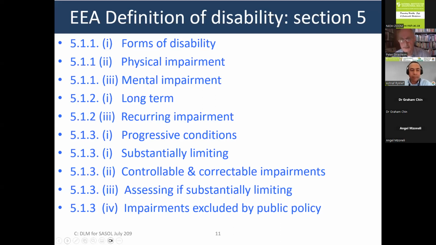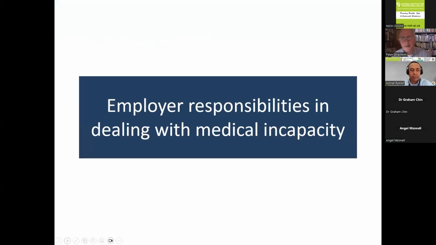What does that mean? What are the primary impacts of that distinction, that the person is now disabled under the EEA and not incapacitated under the LRA? So the next slide then, the implications of that is the employer responsibilities. Let's move on to under the Labour Relations Act. If you are incapacitated, how do the employer's responsibilities look there?